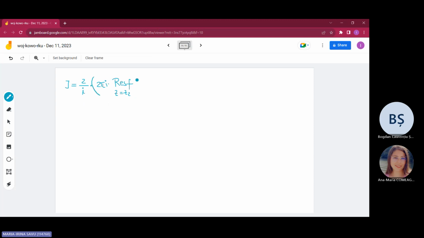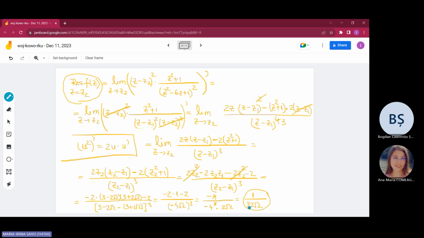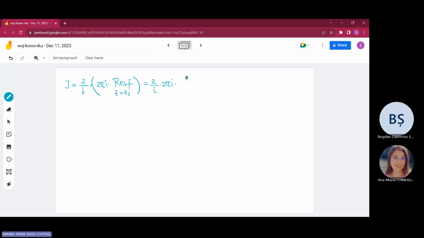This is the theorem, which is 2 over i times 2 pi i times this one, which is 1 over 32. And it's very important.